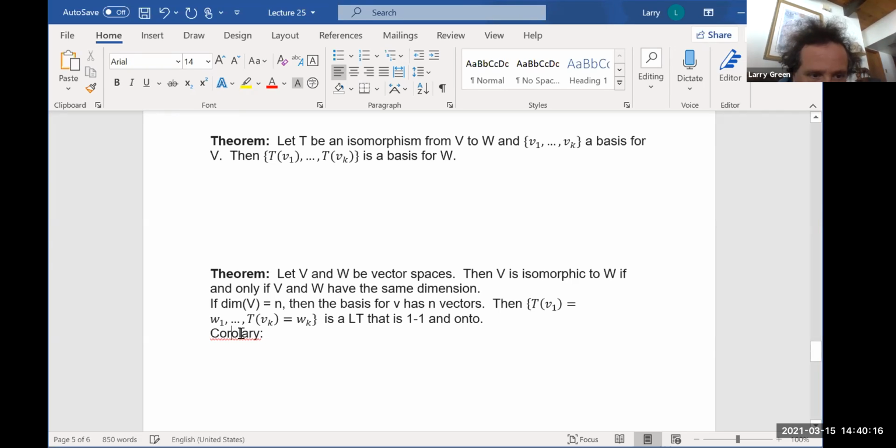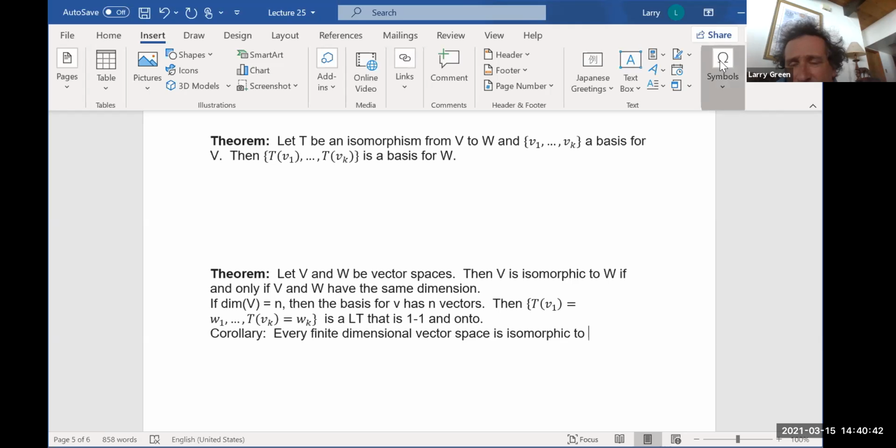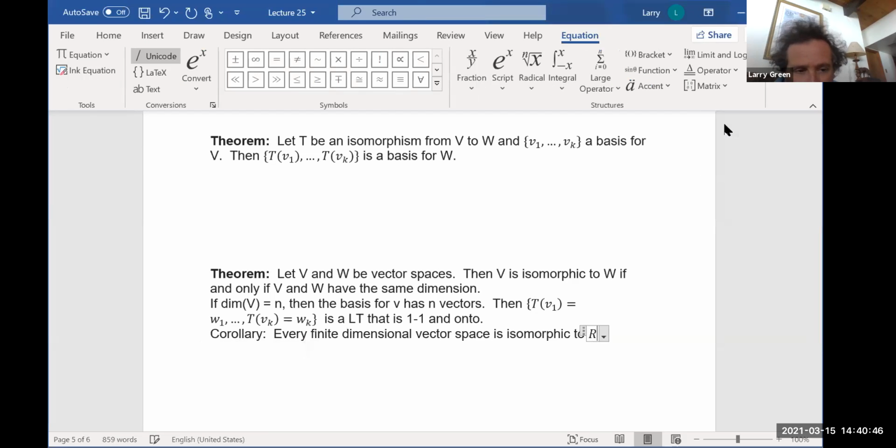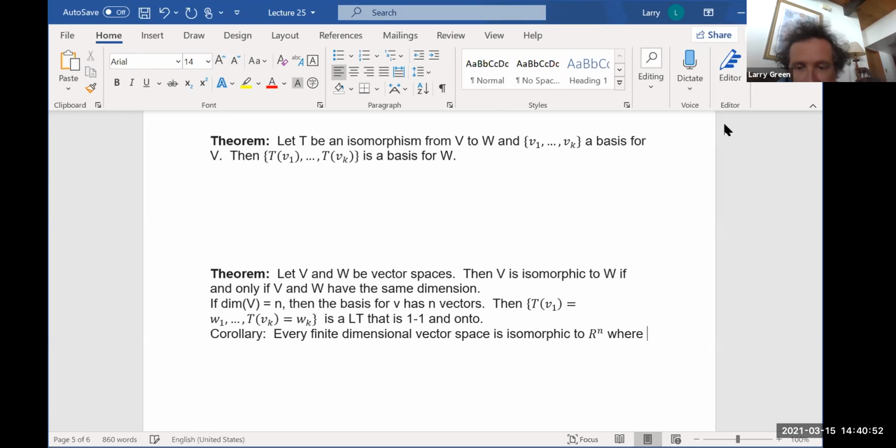The corollary is: every finite dimensional vector space is isomorphic to Rn, where n is the dimension of the original vector space.